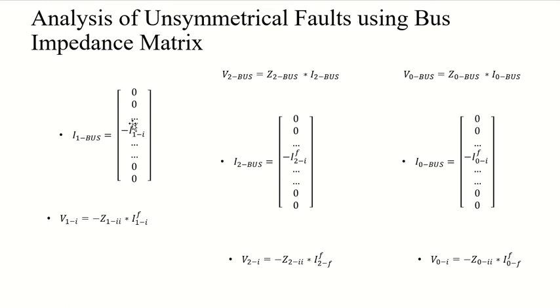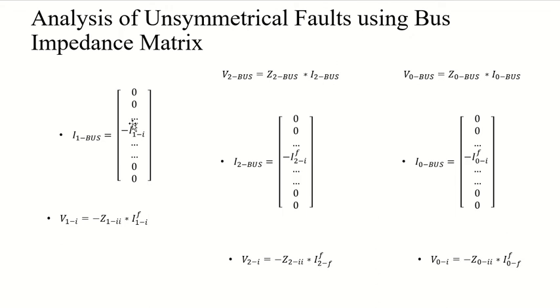All the rest of the buses will be 0, and for the bus where fault is occurring, the current will be minus I raised to F2 minus I. The same thing will happen for voltages as well. So V2 minus I will be equal to minus Z2 minus I into I raised to F2 minus I. So you will be calculating the negative sequence voltages as well.